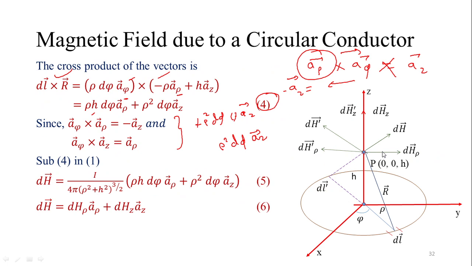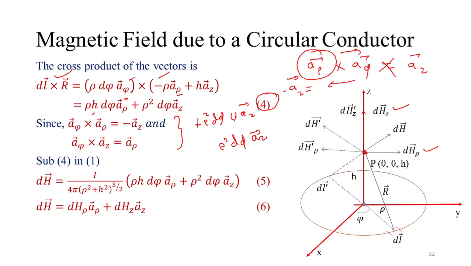If you observe the diagram carefully, from this point you will have some field dH vector, and it is having two components: one is dH rho, another one dH z.